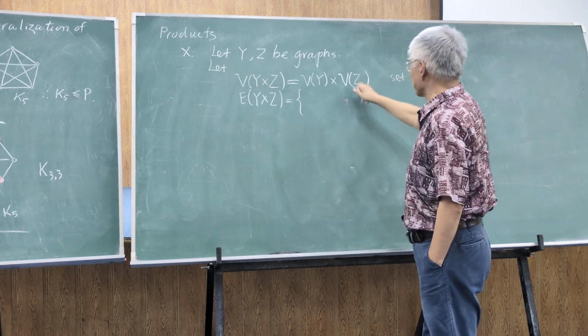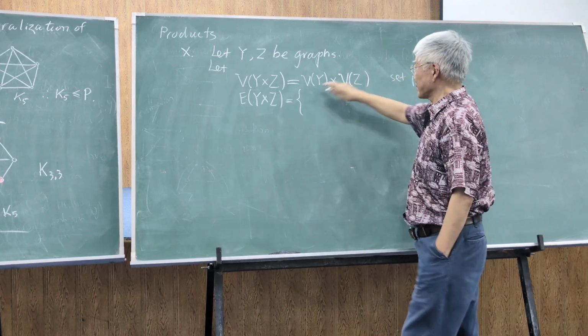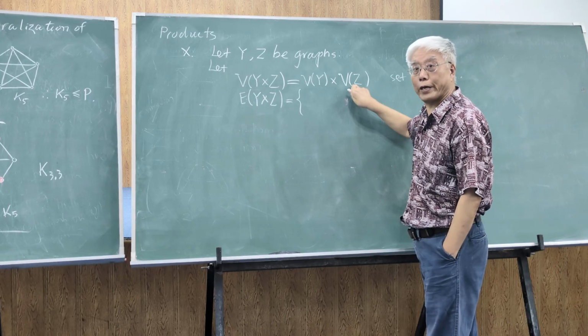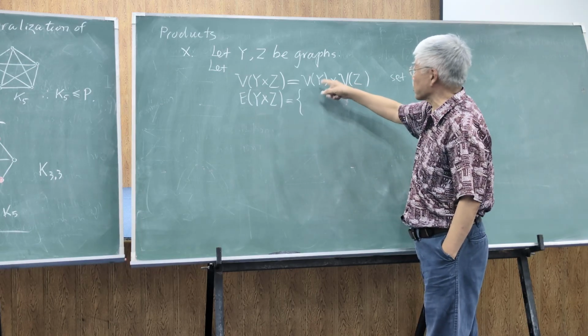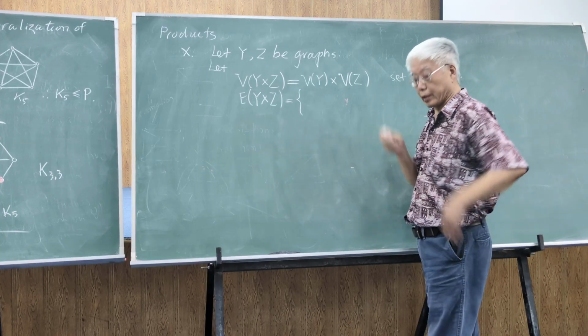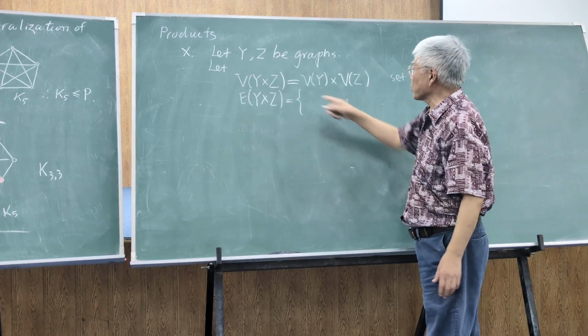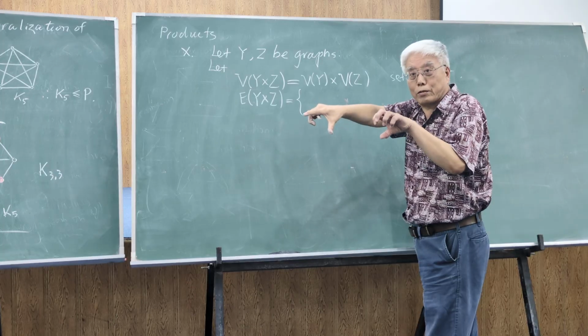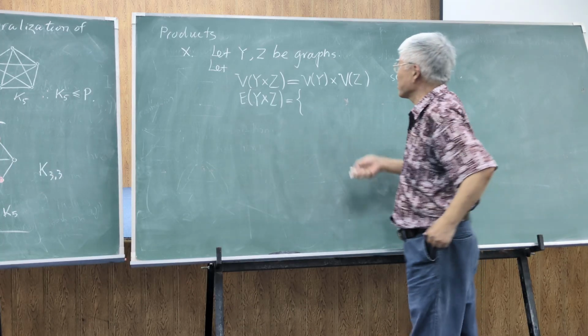Now this is a Cartesian product of sets. So every element of this is an ordered pair with the first one coming from the vertices of Y, the second one coming from the set of vertices of Z. So for this edge in this graph, it has to be between two ordered pairs, right? So we write it.